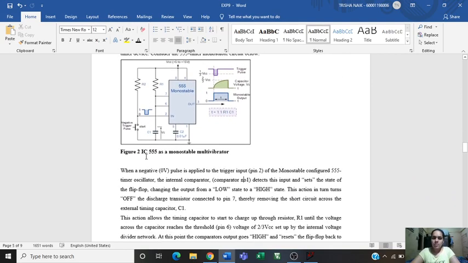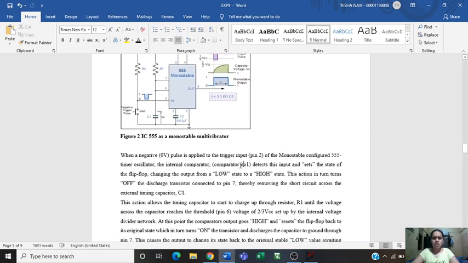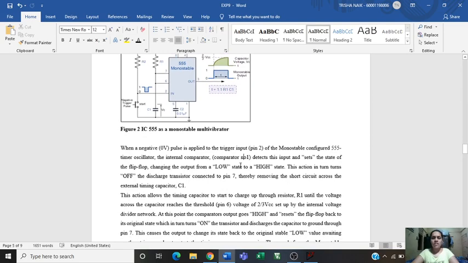So for a monostable multivibrator, if you apply a negative pulse to the trigger input, pin number 2, the first comparator detects the input at that pin, and the internal flip-flop is set. The output changes from low state to high state, and the capacitor starts charging through its resistor until the voltage reaches 2/3 VCC.